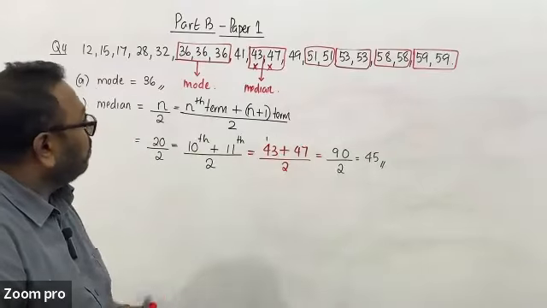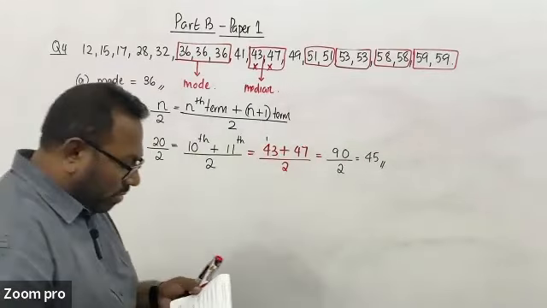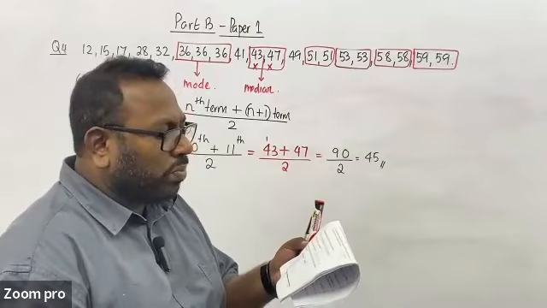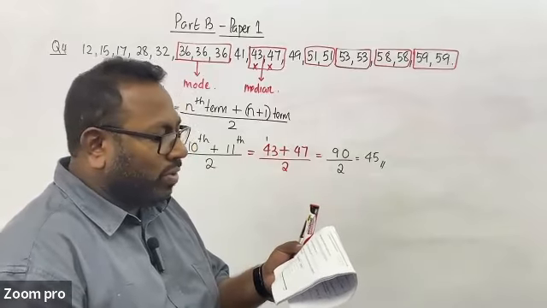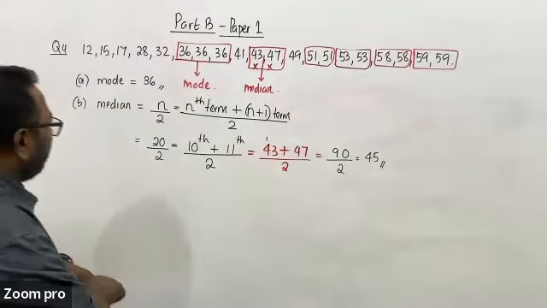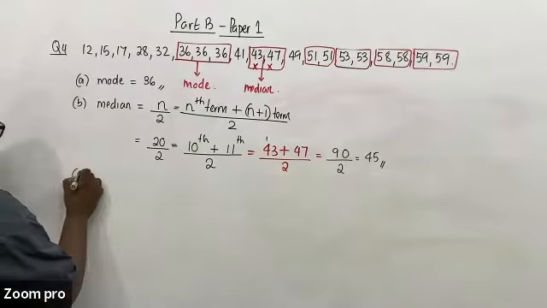Okay, right? Question number 3. These marks are grouped according to the table given below. Complete the blanks in the table. Easy, very simple question. C part.